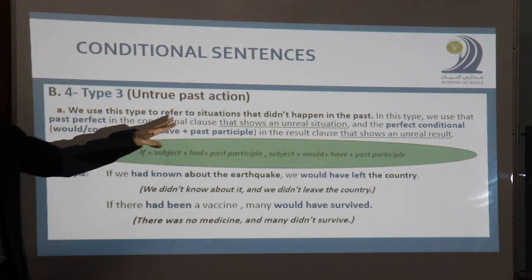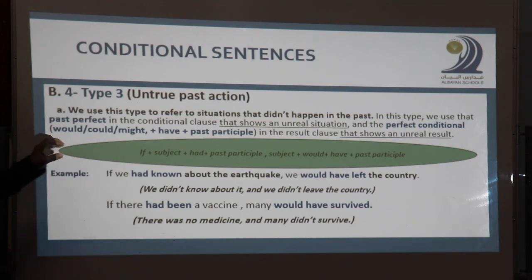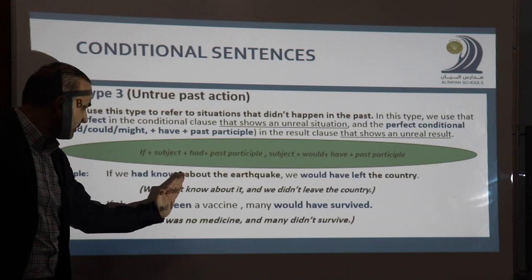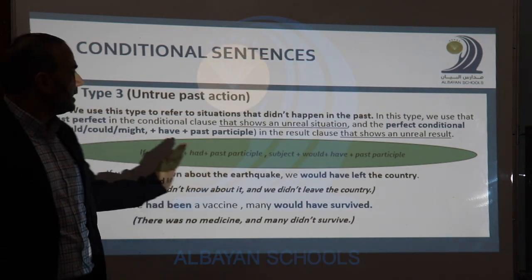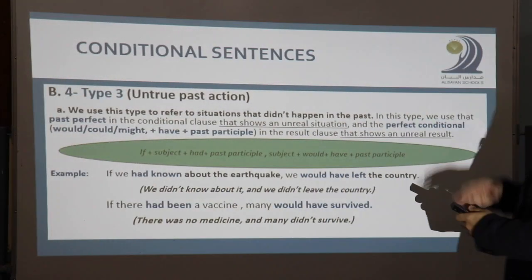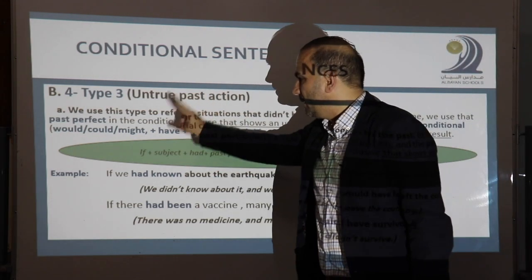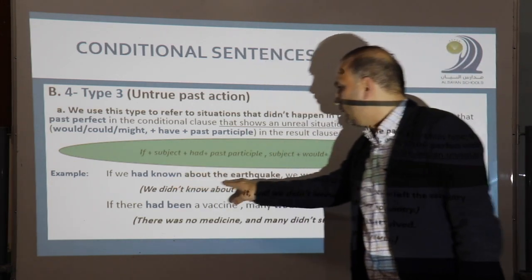We use this type to refer to situations that didn't happen in the past. In this type, we use the past perfect in the conditional clause that shows an unreal situation. Unreal situation, what do you mean? Look please. As we said, it uses the past perfect in the conditional part: if we had known about the earth.